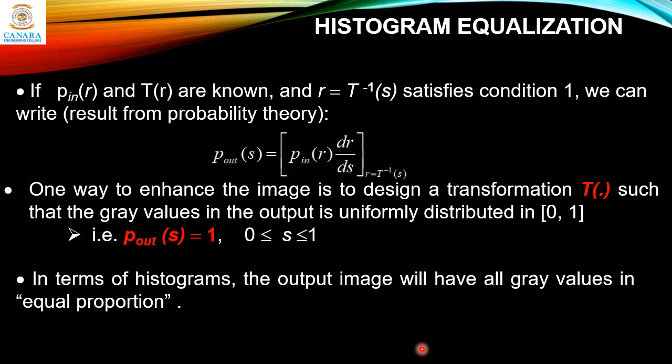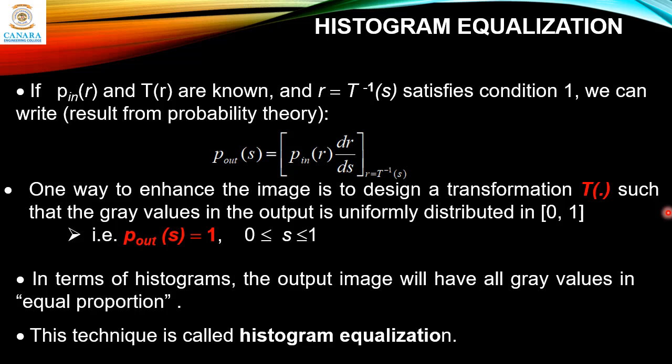In terms of histograms, the output image will have all gray values in equal proportion, and basically this technique is called histogram equalization because all gray values are in equal proportion, they are equalized. So we convert an image with the concentrated histogram into an equal distribution. That's why it is called histogram equalization.